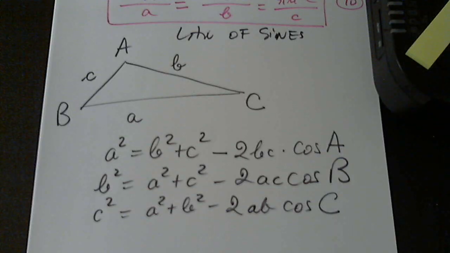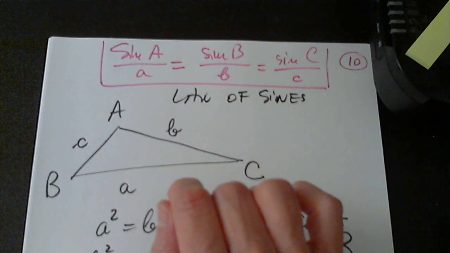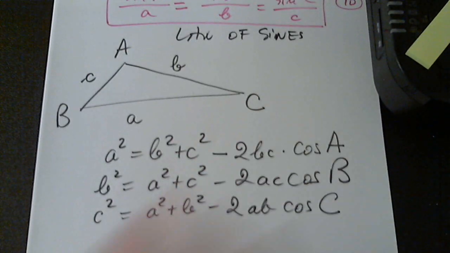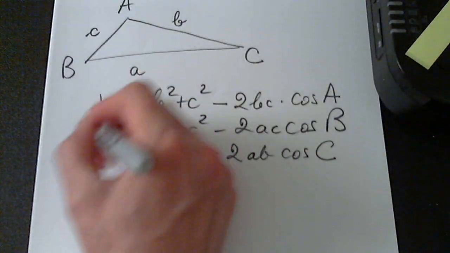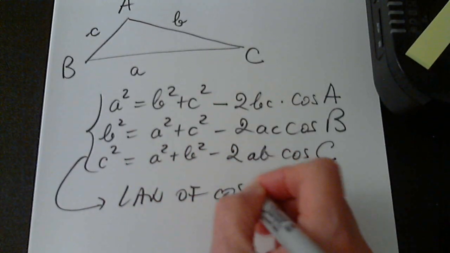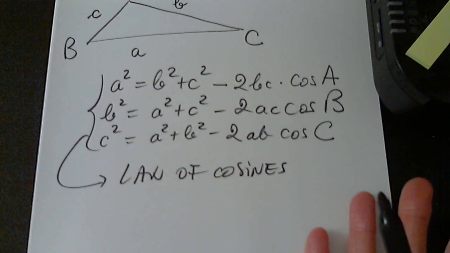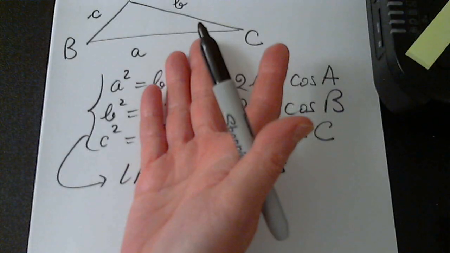In some books, you're going to find this not called the law of cosines, but the generalized Pythagorean theorem. So we're going to call it law of cosines. But please remember, it's the Pythagorean theorem for the general case.